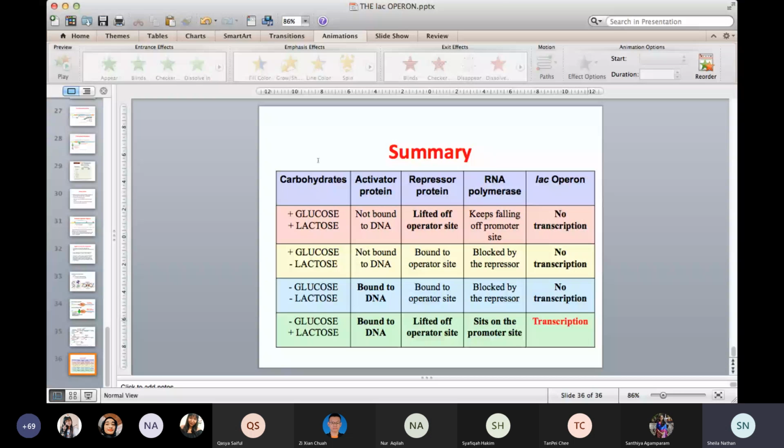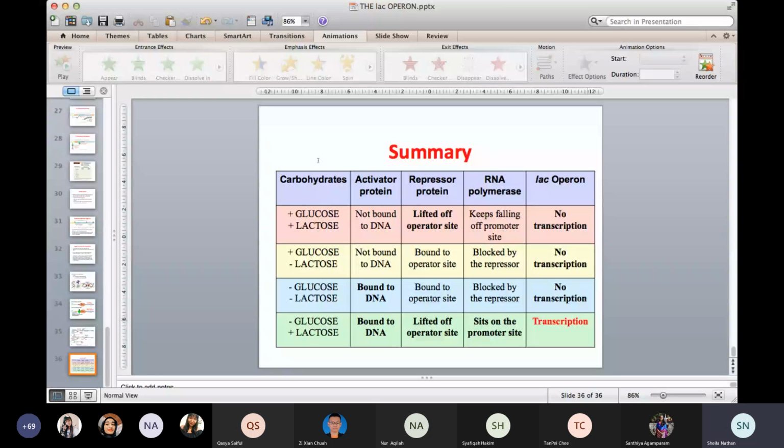Some of the lactose binds to the repressor molecule, which prevents the repressor from binding to the operator. Then you can switch on the transcription, produce more and more of the enzymes, and keep transcribing until there is enough glucose in the cell. Do you understand?